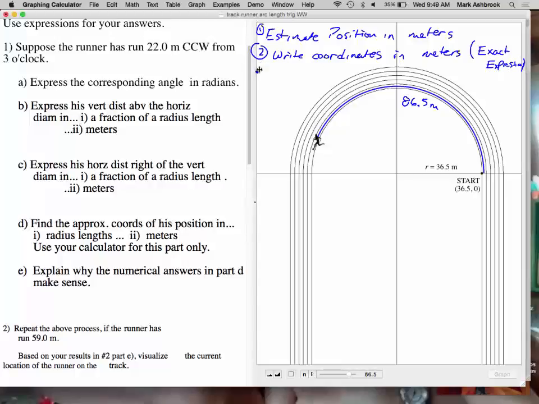And then number three is check your estimates. Check number one with number two and your calculator. Okay, go, work together. So estimate the position in meters, the two coordinates in meters. Write out those coordinates exactly as expressions, and then check your estimate using number two.